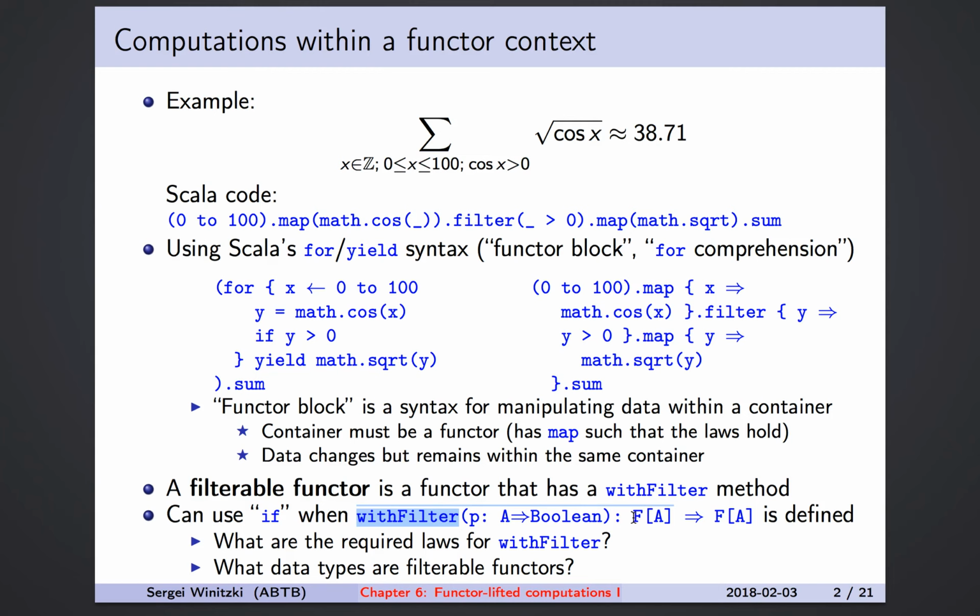It can be done using an implicit conversion, a type class, or just defining a method withFilter on your data type. That does not matter. You can use it in the functor block after that. So the main questions that remain for this tutorial is, what are the required laws that capture the intuition we have for these computations? And once we found those laws, what are the possible data types that are filterable?